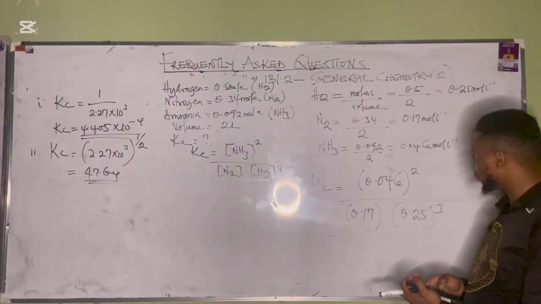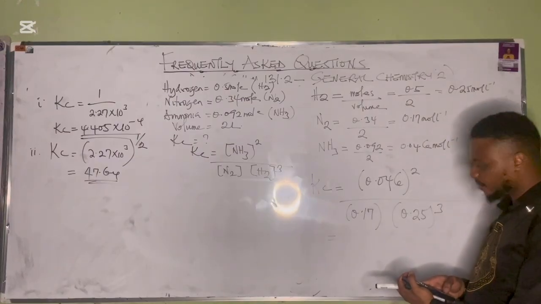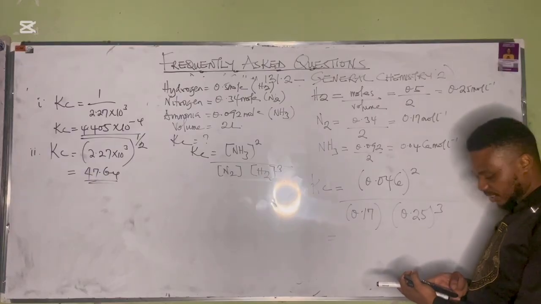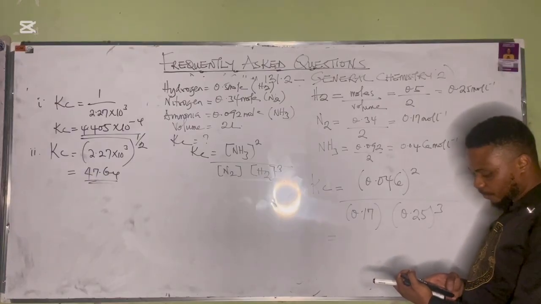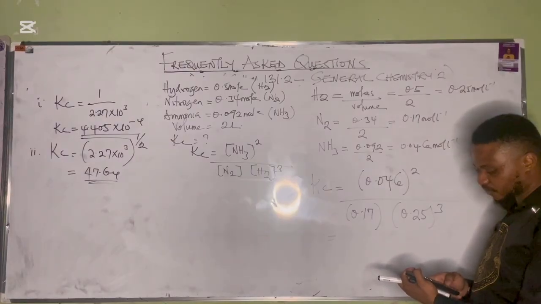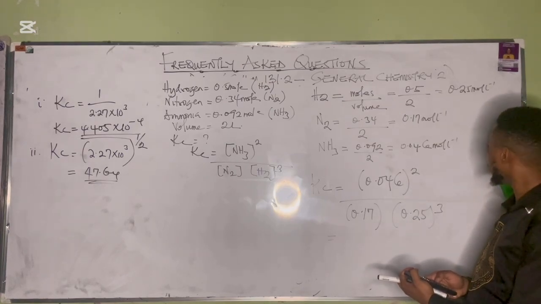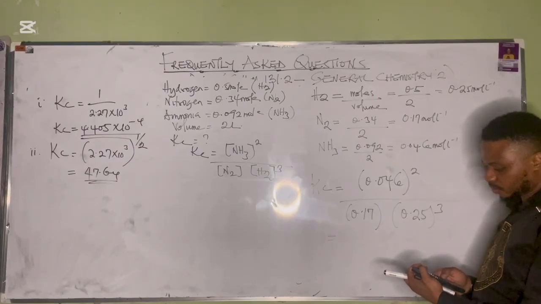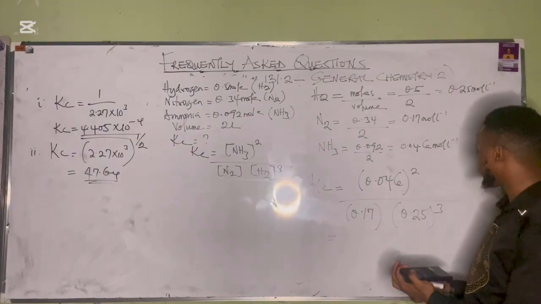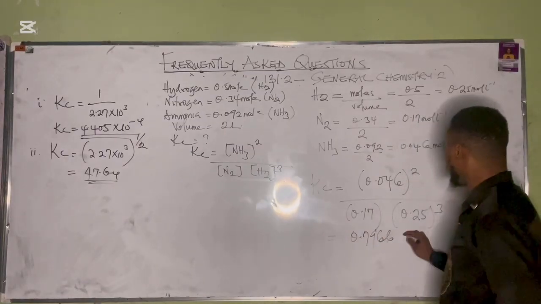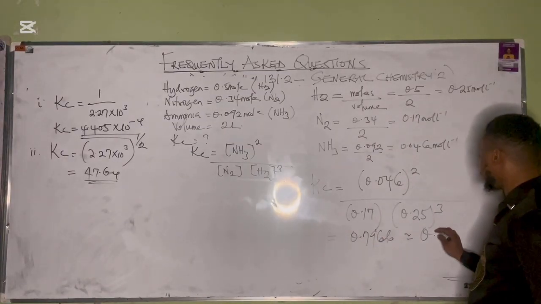I'll just put everything in my calculator at once, so we will not spend much time on this. 0.17 down, open another bracket, 0.25 raised to power 3. So the answer here is 0.7966, or approximately 0.8.